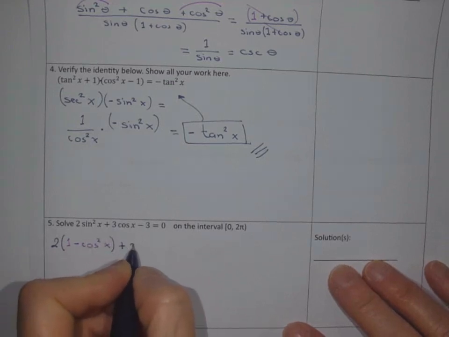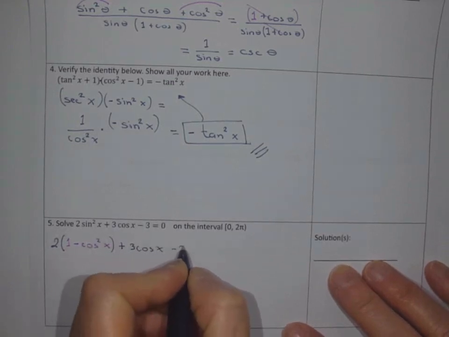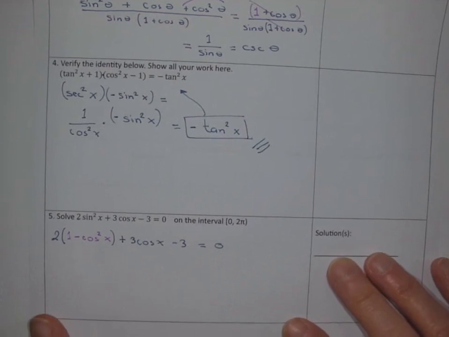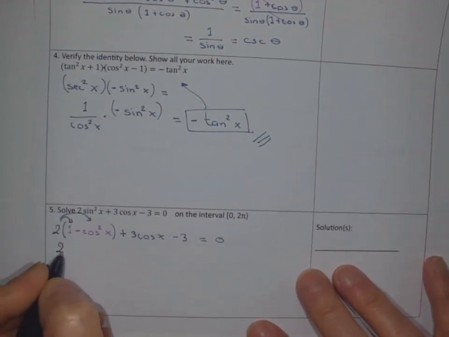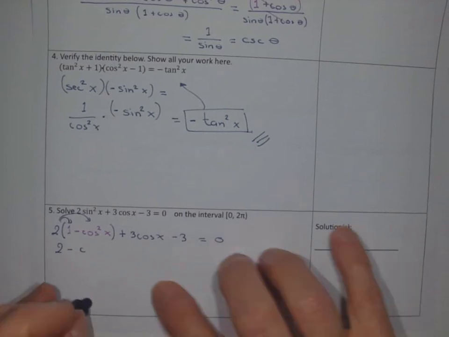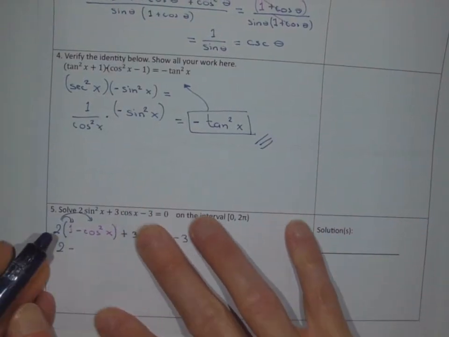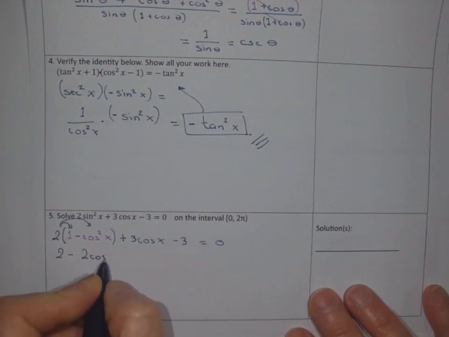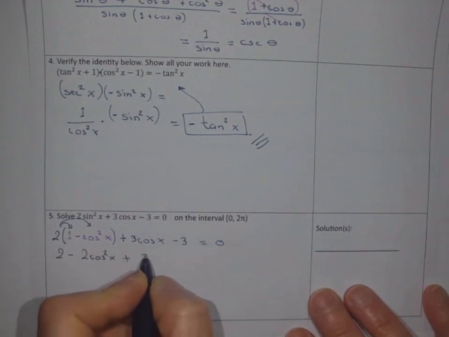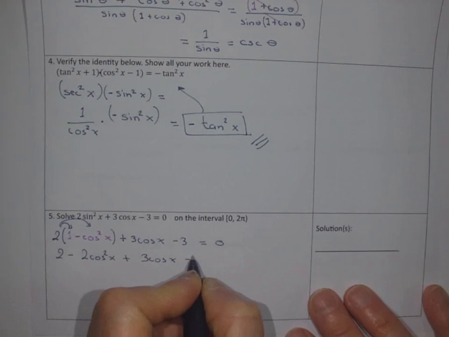And then we have plus 3 cosine x minus 3, and that's equal to 0. And now we're going to distribute this here. So we have 2 minus, whoops, forgot my 2, didn't I? Thankful for erasable pens. 2 cosine squared of x plus 3 cosine x minus 3.